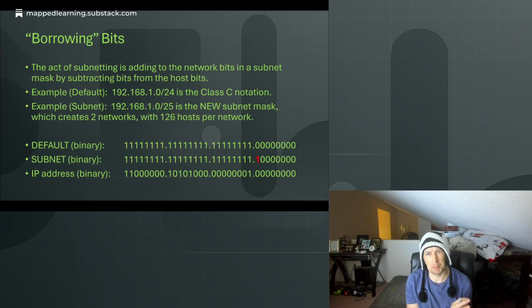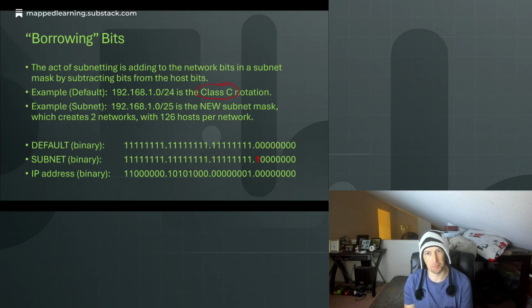And if you remember from the IPv4 video, I used this example IP address of 192.168.1.15/24. And that is a default Class C notation. So here is a very basic example of subnetting.